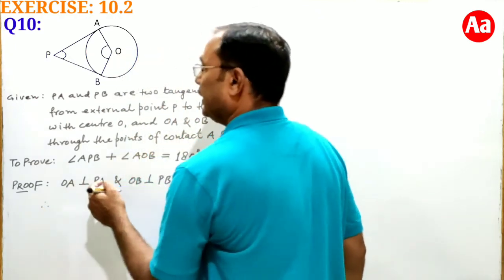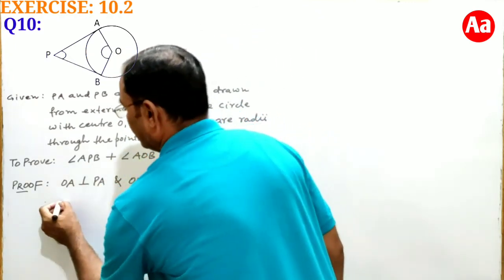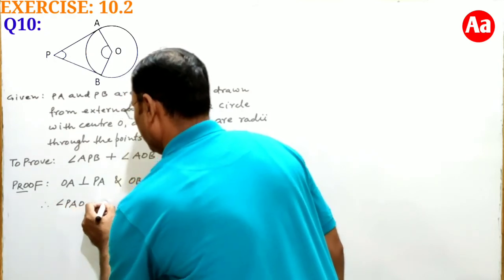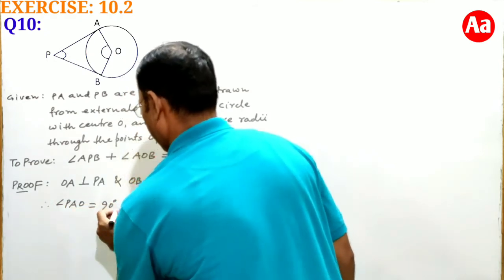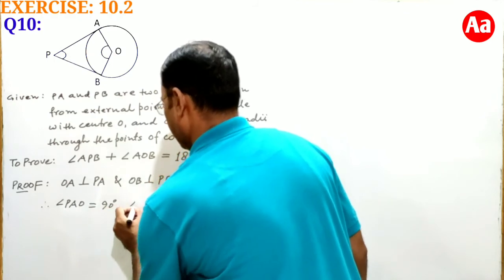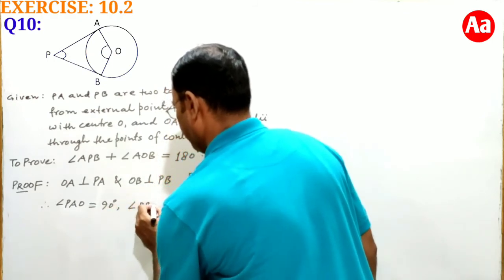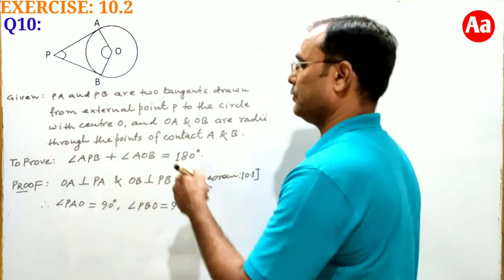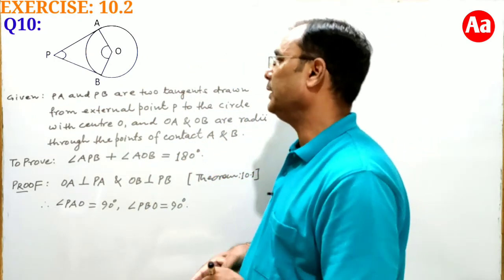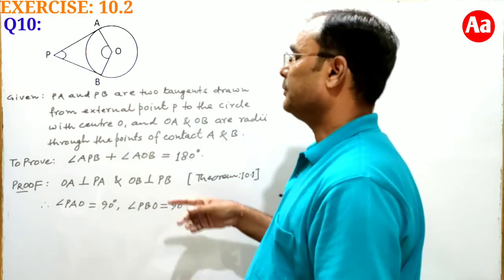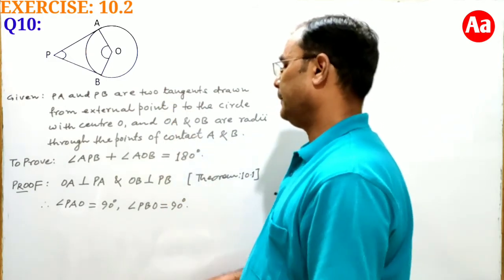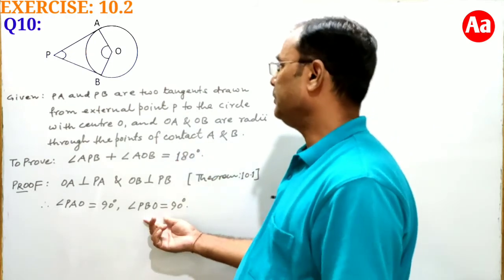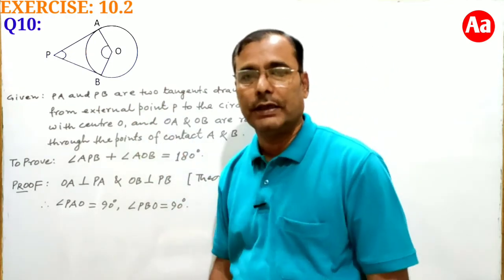Therefore, angle PAO equal to 90 degrees and angle PBO also equal to 90 degrees. As OA is perpendicular to PA, so it is clear from the figure that angle PAO equal to 90 degrees and angle PBO also equal to 90 degrees.